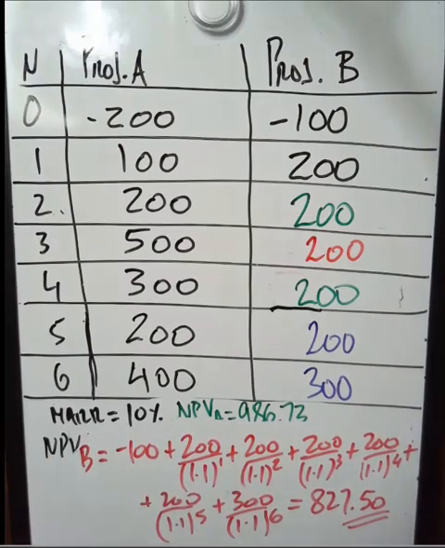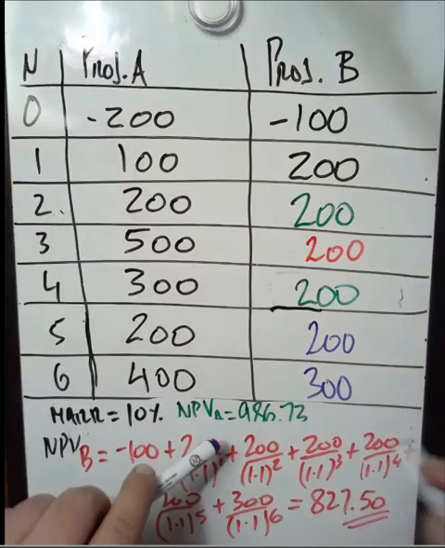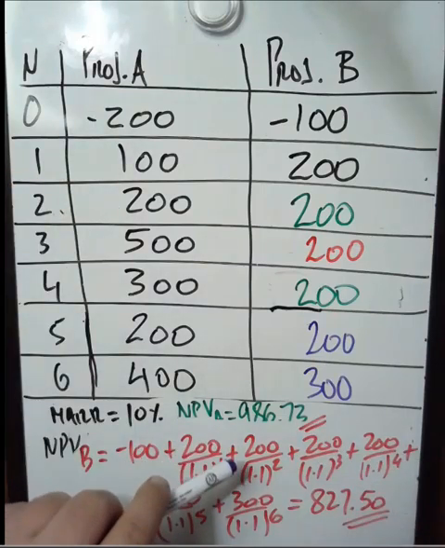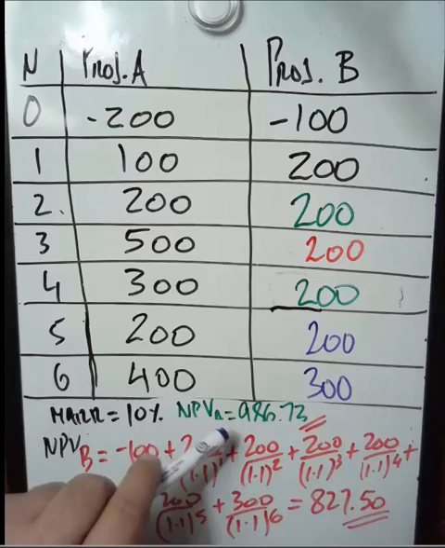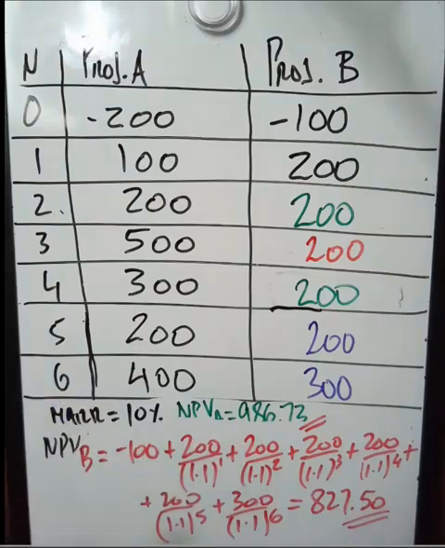So which one is the best project? Project A gives a higher net present value if we are to use the net present value as the selective tool.